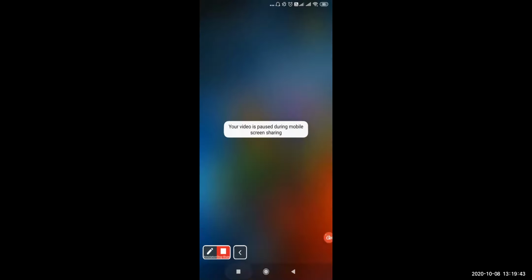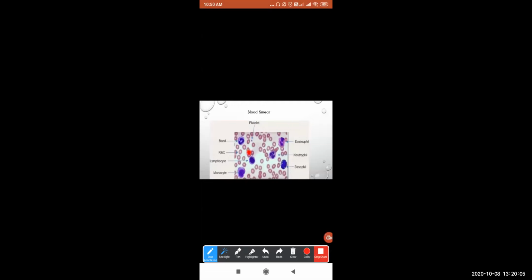You can see different types of cells in this slide: RBCs, lymphocytes, monocytes, basophils, neutrophils, eosinophils. These all are the different types of blood cells. As blood is composed of so many different types of cells, it is called a complex tissue.